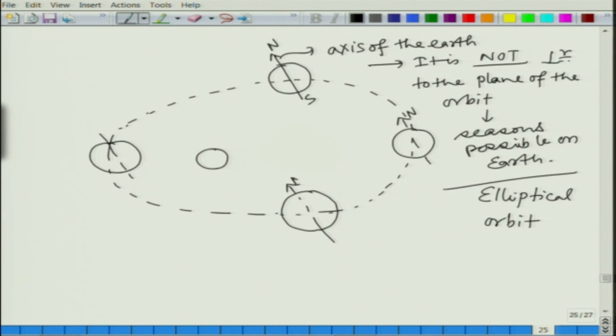Let me just write north in every case, and in one case we have written south as well. Let us say this is position 1, this is position 2, position 3 and position 4. And this is sun.